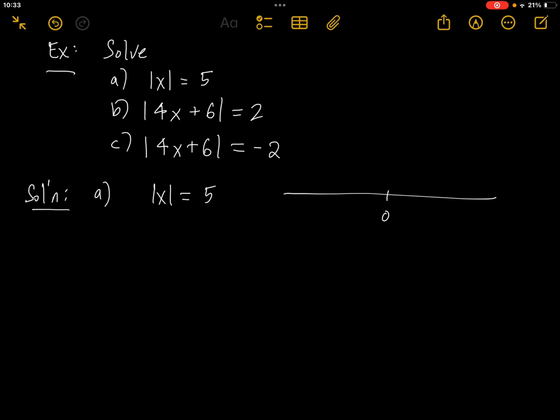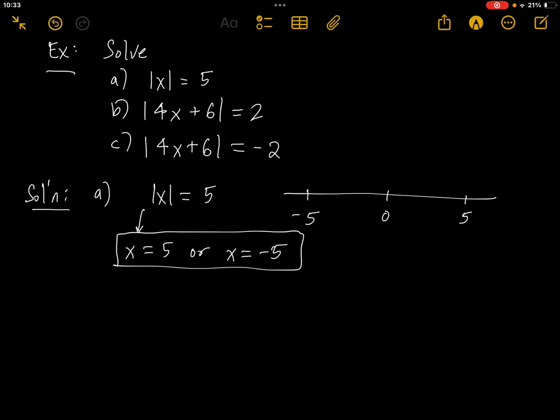You can go 5 units to the right or 5 units to the left. If you go 5 units to the right, you're at 5. If you go 5 units to the left, you're at negative 5. So saying that the absolute value of x is equal to 5 is the same as saying that either x is 5 or x is negative 5.